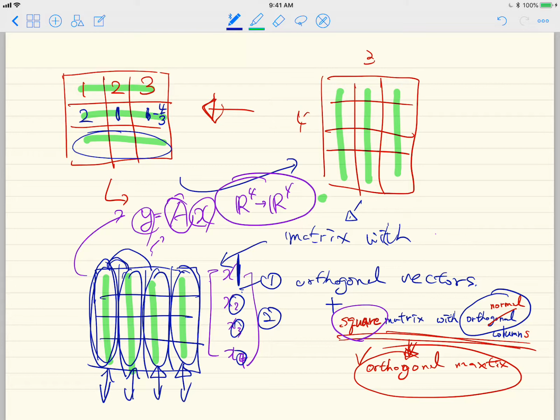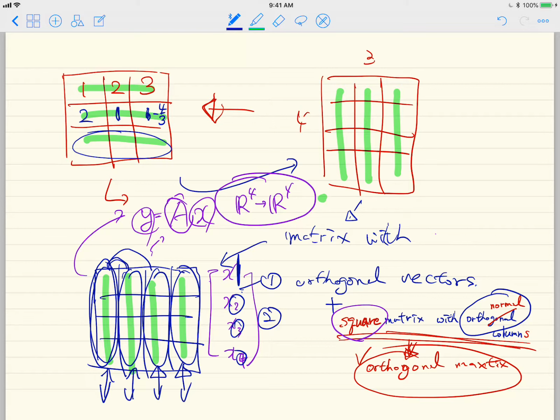Initially 1, 0, 0, 0 and 0, 1, 0, 0 and so on. Any pair among these vectors will have 90 degrees because they form a Euclidean space where all the axes are orthogonal to each other, right?